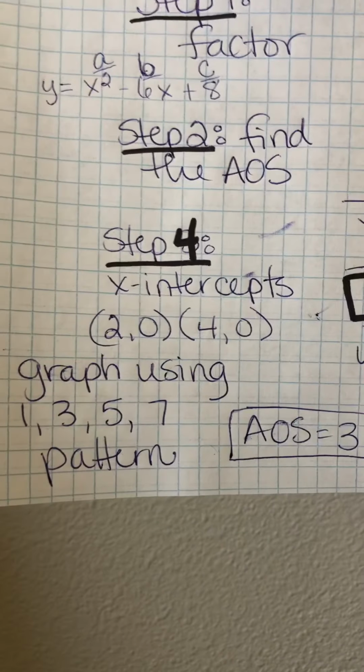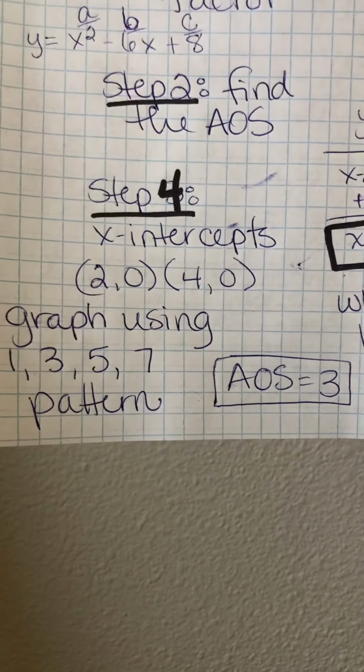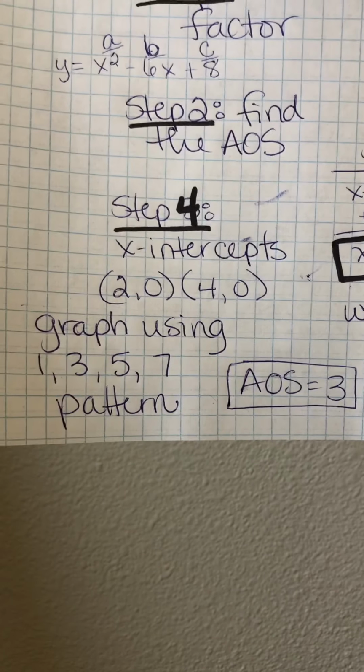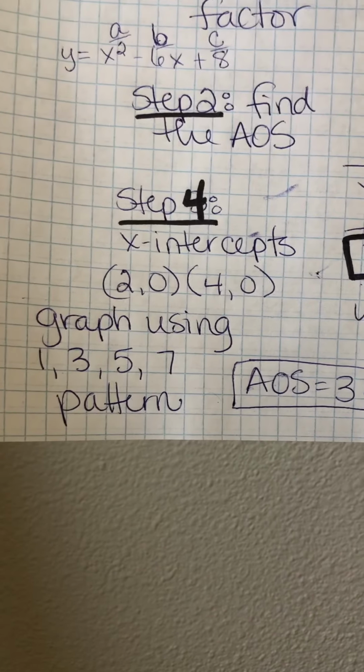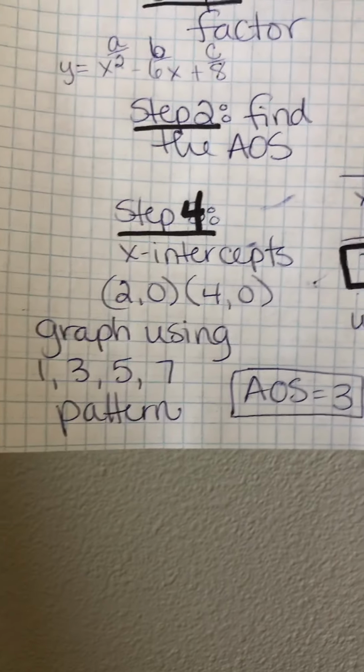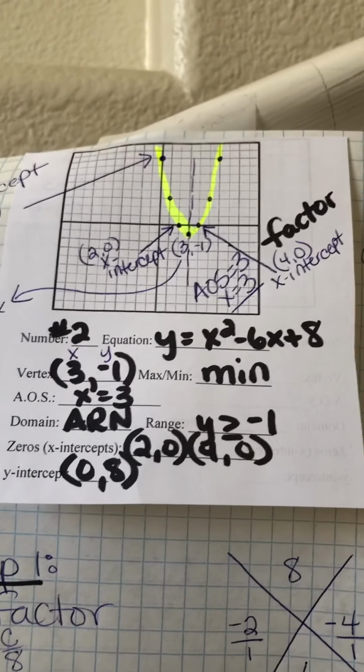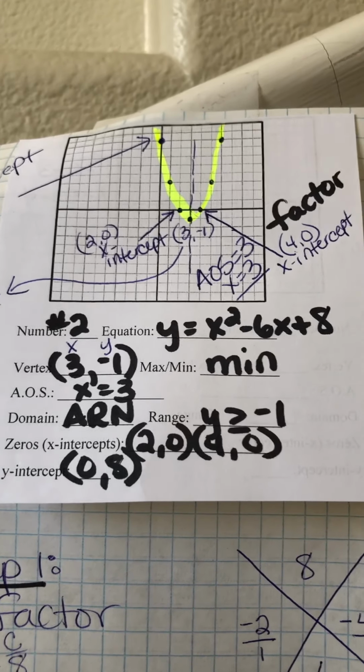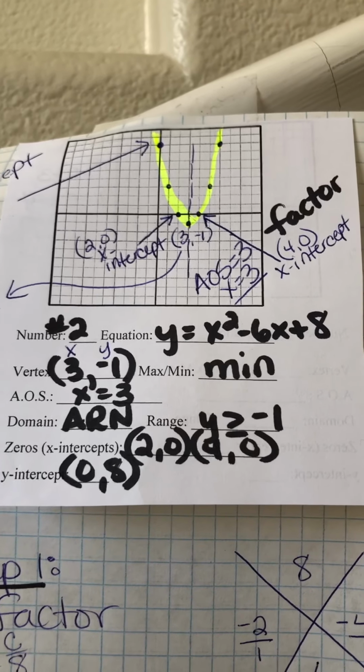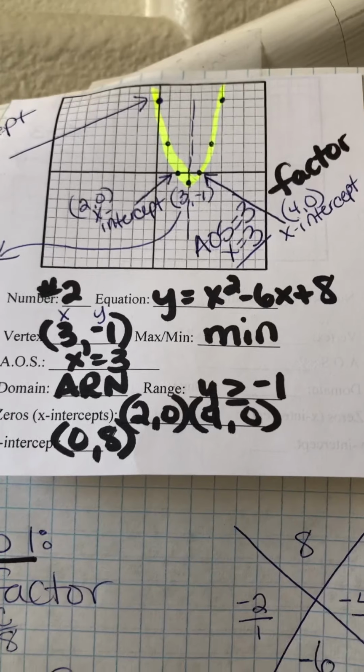For our next step, we're going to graph using the 1, 3, 5, 7 pattern. Axis of symmetry is 3 there, like I said. And our vertex is 3, negative 1. We have our x-intercepts. Why are we doing the 1, 3, 5 pattern?